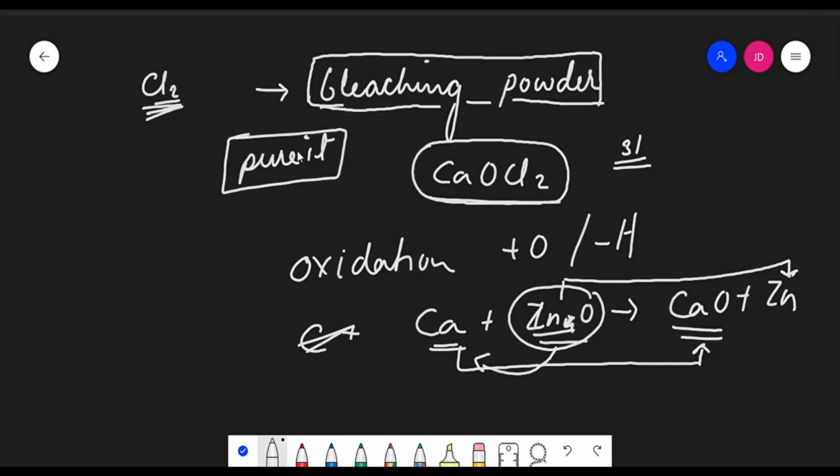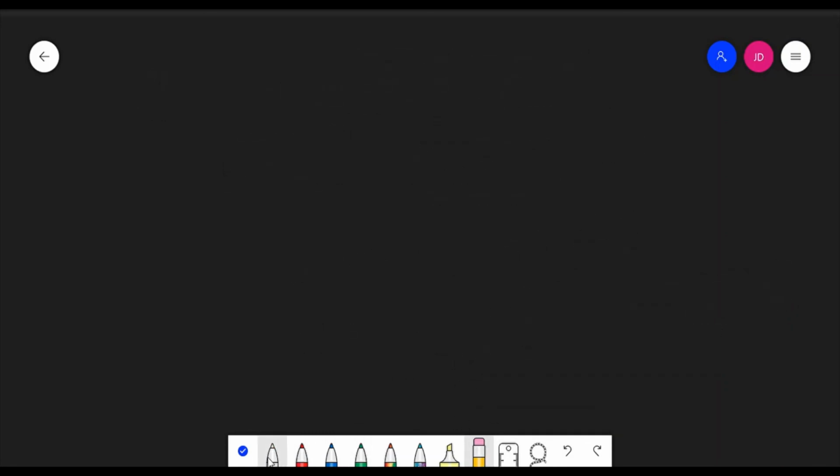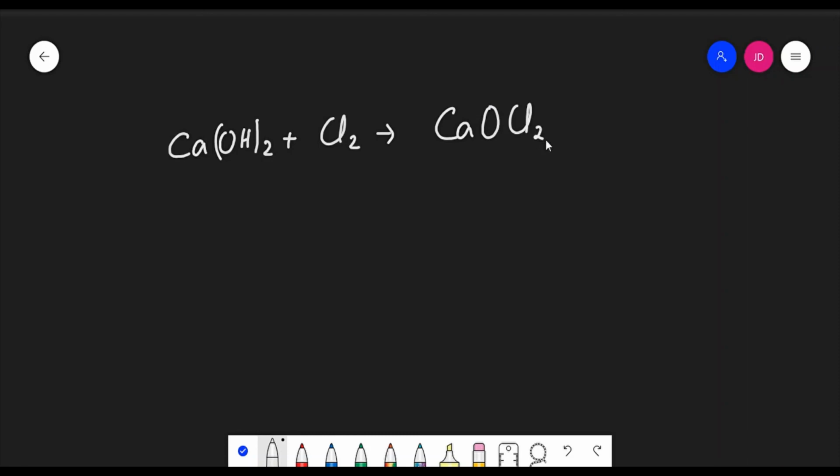When we talk about the reactions of bleaching powder, it's very complicated, but it's given here. How do you get bleaching powder? We get it by reacting chlorine gas with dry calcium hydroxide, or slaked lime. So when you take Ca(OH)2, which is slaked lime, and react chlorine with it, we get bleaching powder, CaOCl2 plus H2O.